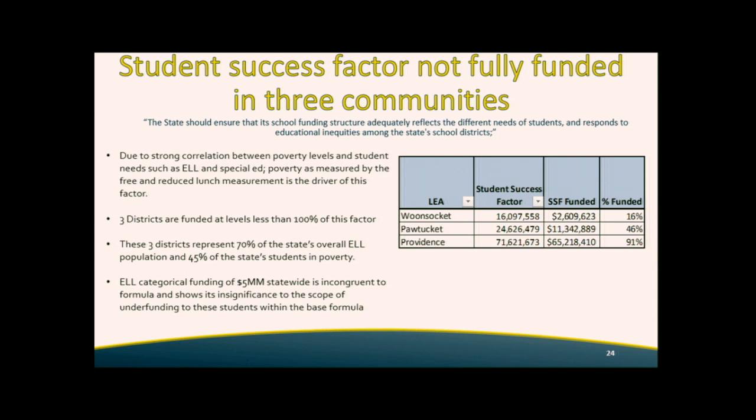A categorical of $5 million is certainly not going to mask an underlying problem of tens of millions to meet that need. So the categorical itself is a little incongruent to the formula's goal, and the $5 million shows just the insignificance of that amount of money towards what is a multi-tens of million dollar problem in those communities.